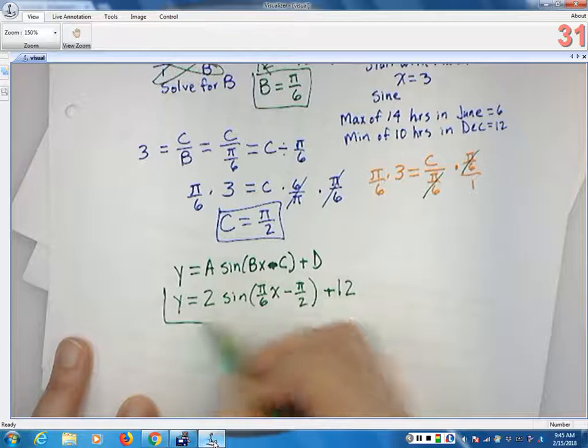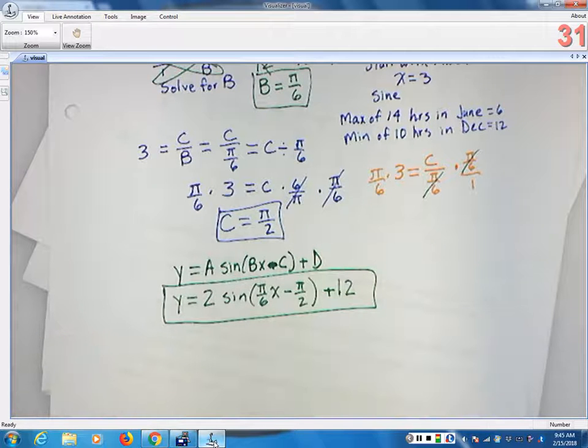That's our equation that models the behavior of hours of daylight.